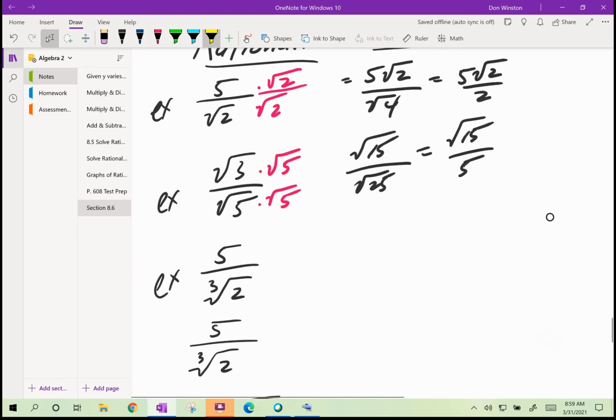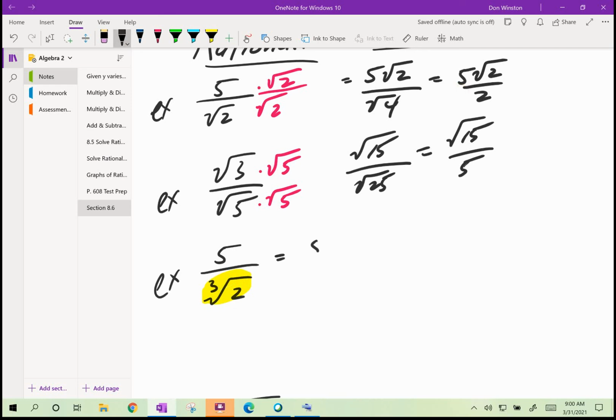All right, and then here, now let's look at these. So here, if I have 5 divided by the cube root of 2, the easiest thing to do is to write this radical expression as a rational exponent.